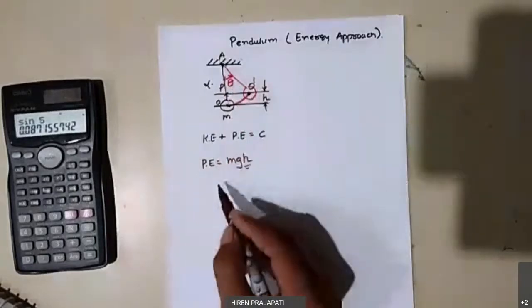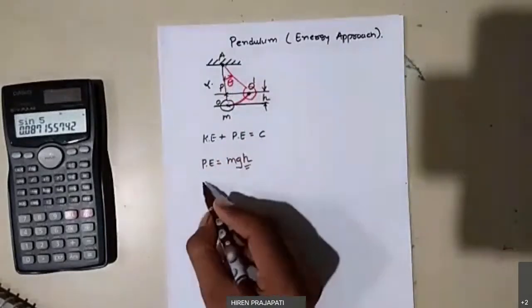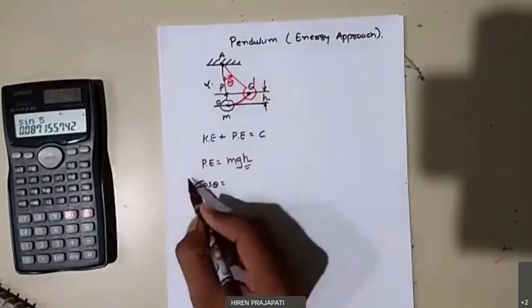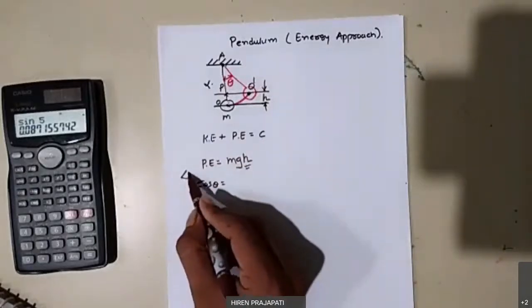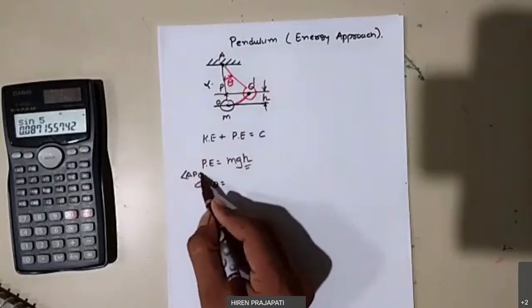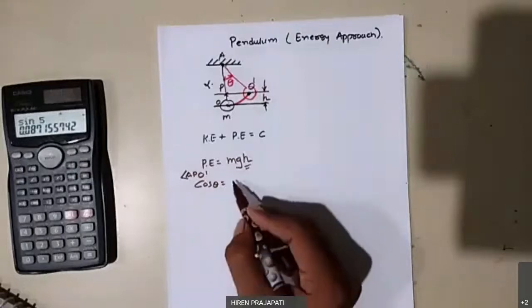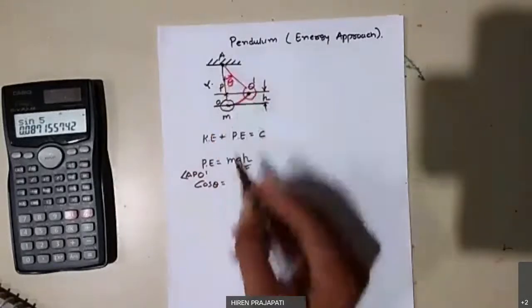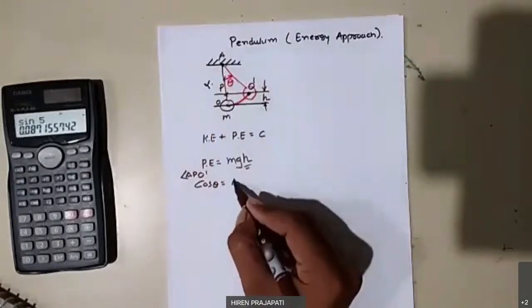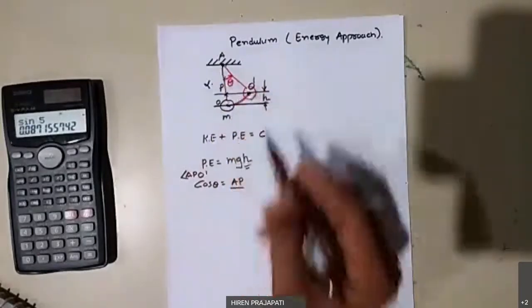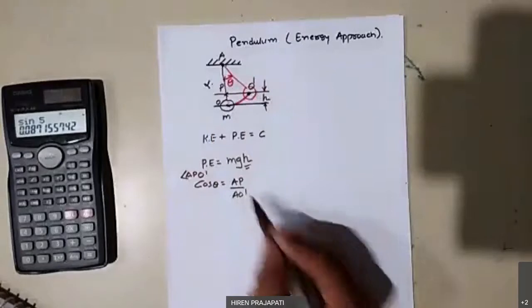So again we go for the cos angle approximation. So cos theta, for which triangle? We are talking about triangle APO dash. Then cos theta is equal to the nearest side, that is AP, divided by the hypotenuse. The hypotenuse is AO dash.